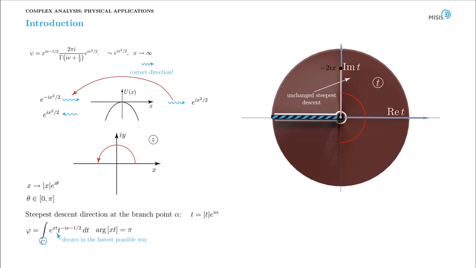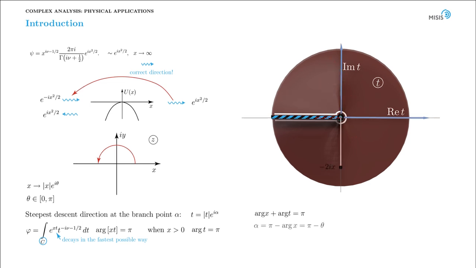When x was positive, that simply meant that the argument of t was pi, which was the negative direction of a real axis. But now x itself acquired a non-zero argument theta, so the condition is a little bit different. We see that while x is rotating counterclockwise, the steepest descent direction at the branch point rotates clockwise.